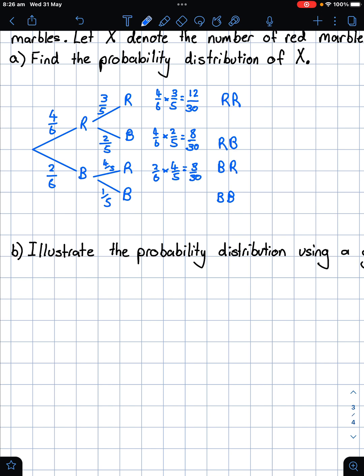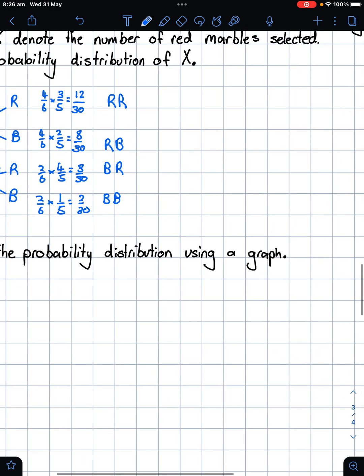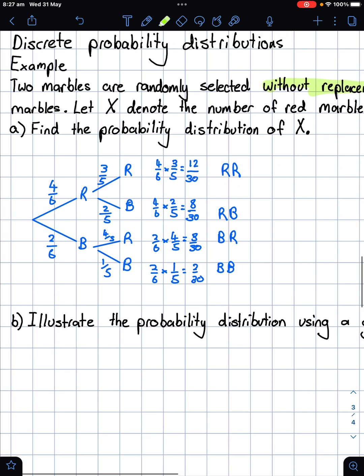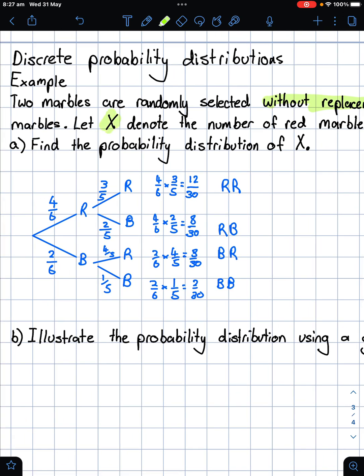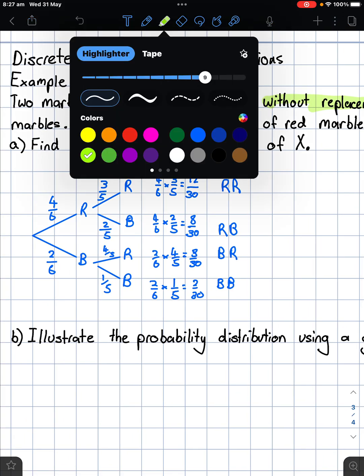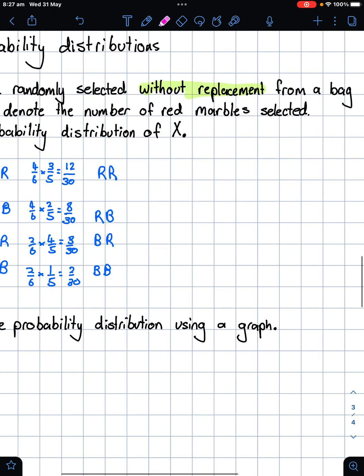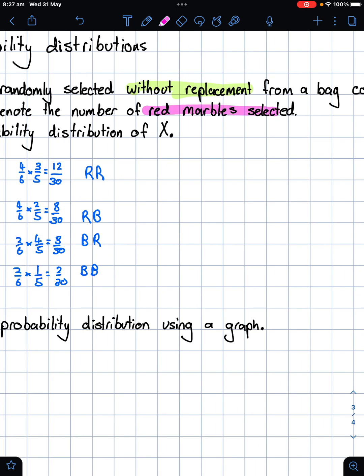And then our next one here is 2 over 6 times 1 over 5, which is going to equal 2 over 30. Okay, so this gives us all our outcomes here. Now, we've got to consider, this is the next bit that's sort of important, is X here. I'll change colour for this. So our variable X denotes red marble selected.